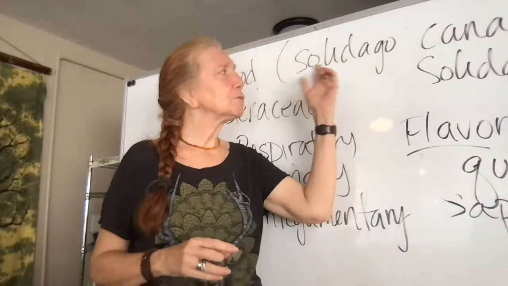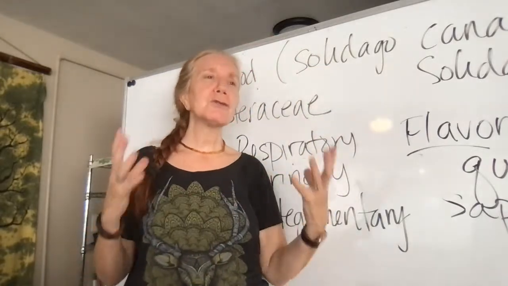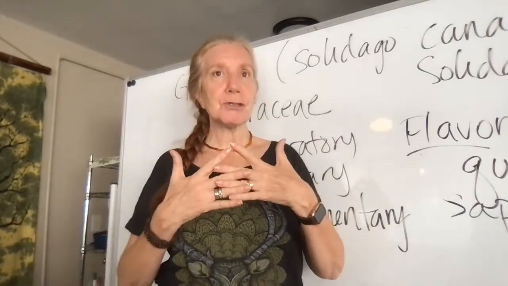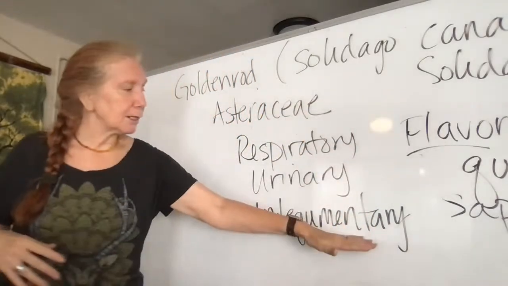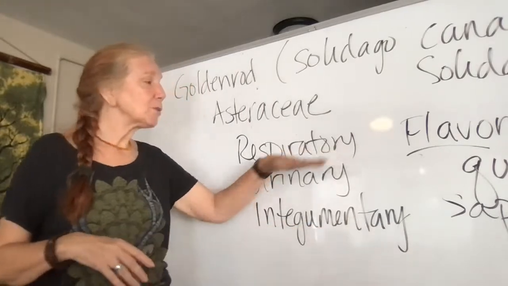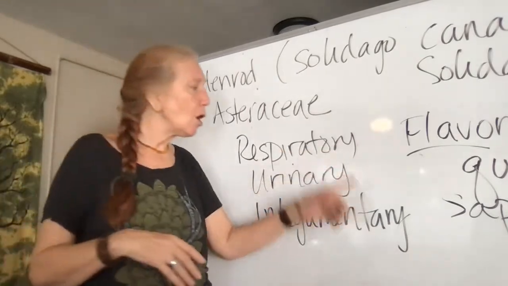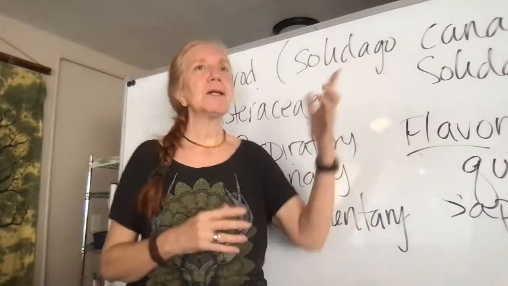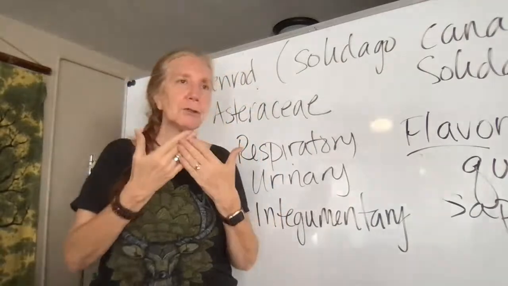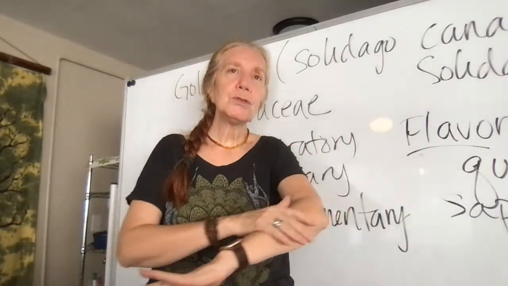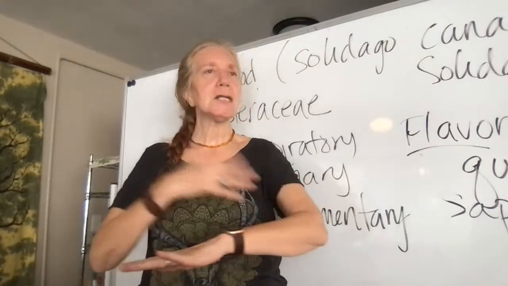And so that speaks to the plant's traditional usage as a vulnerary, as a plant that heals tissues. When we look at its effects on the integumentary system, the respiratory system, and the urinary system, on all of these tissues, what we're seeing is an ability to make those tissues whole, to heal those tissues, a vulnerary. So we use it on wounds also, widespread on any type of wounds.